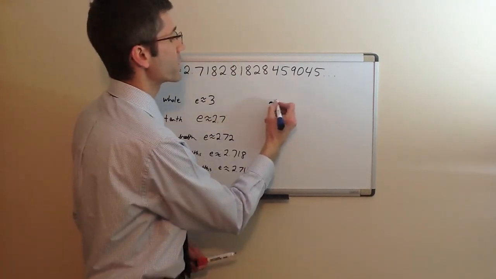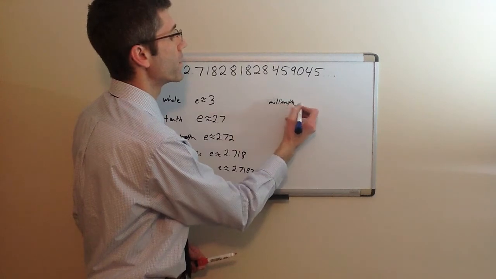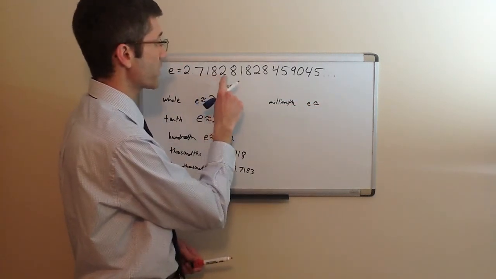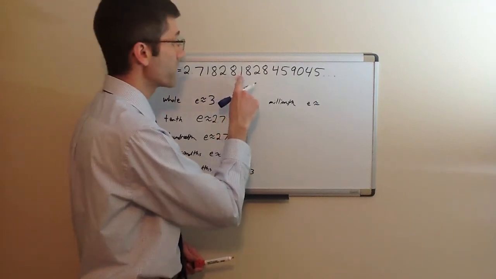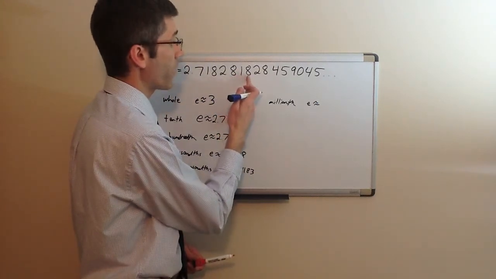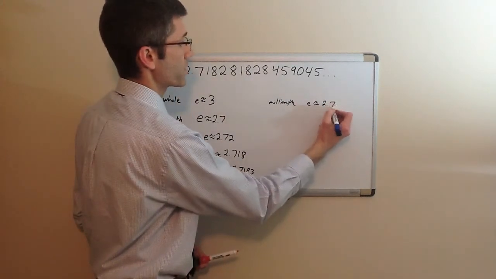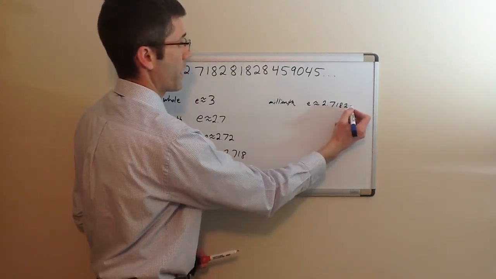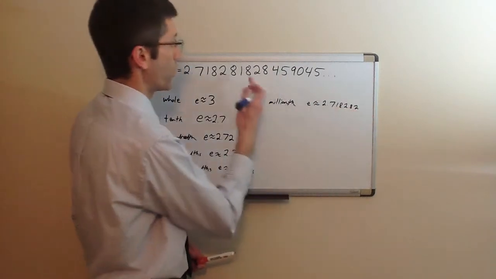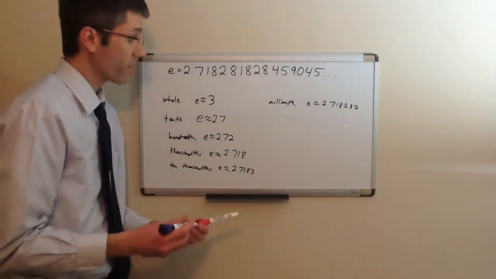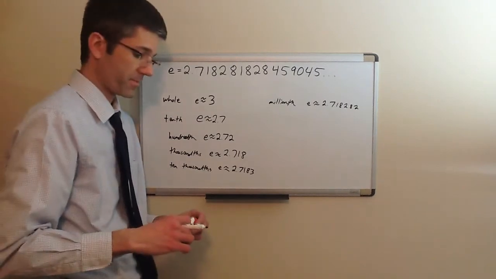If I'm going to round to the nearest millionth, then I would say that E is approximately, the 8 rounds that up to a 2. So 2.71828. That bumps up that. There we go.